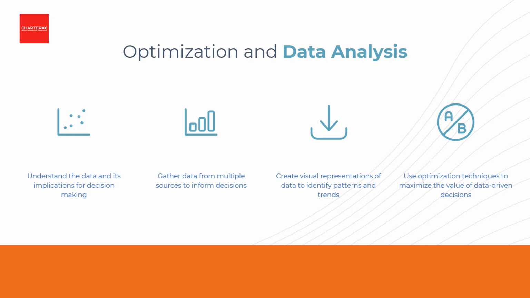This data-driven approach enables decision makers to identify bottlenecks, inefficiencies, and other areas for improvement. This results in a more effective supply chain decision making. This area of optimization and data analysis explains the key benefits that can be derived by pursuing optimization within your supply chains.